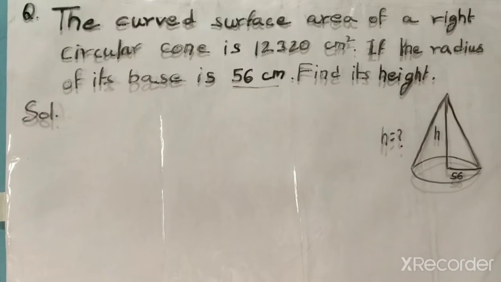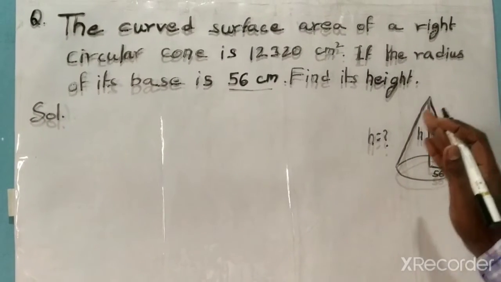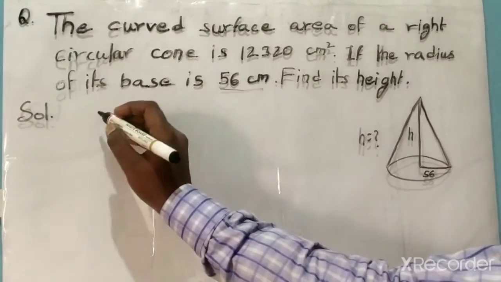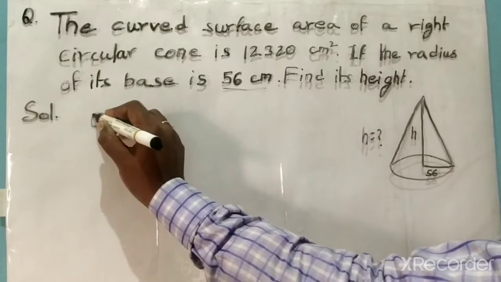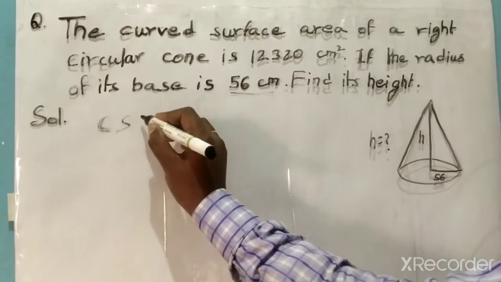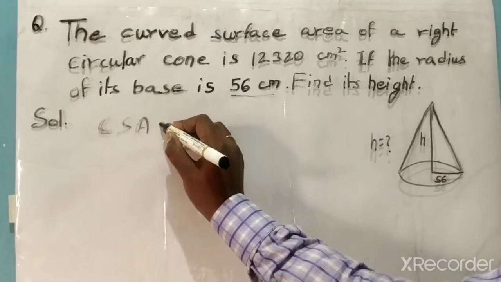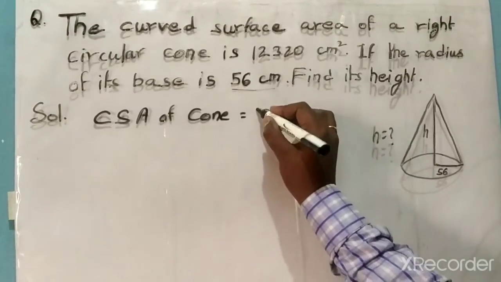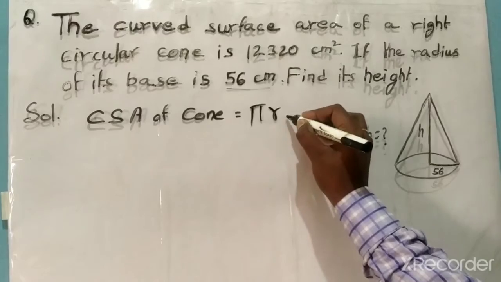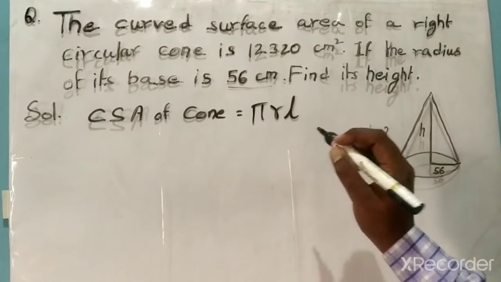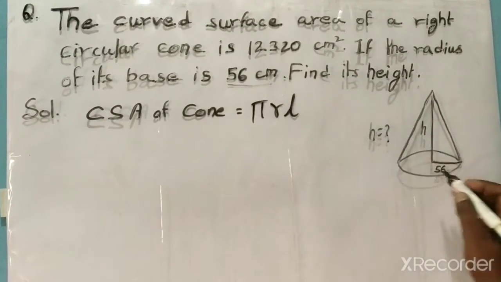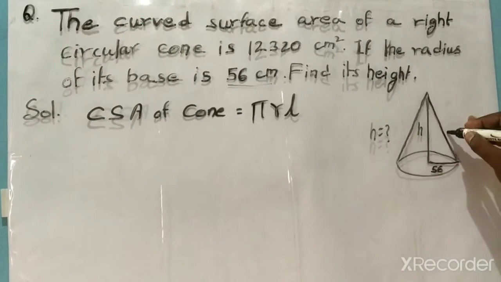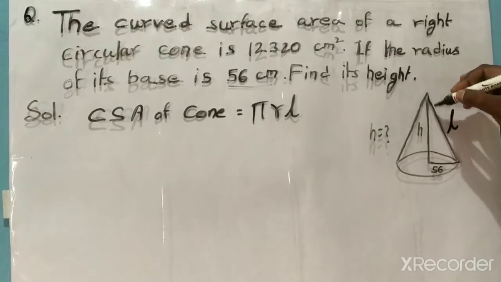So we know the formula of the curved surface area of a cone: pi r l. Here r is the radius, this 56, and l is the slant height.